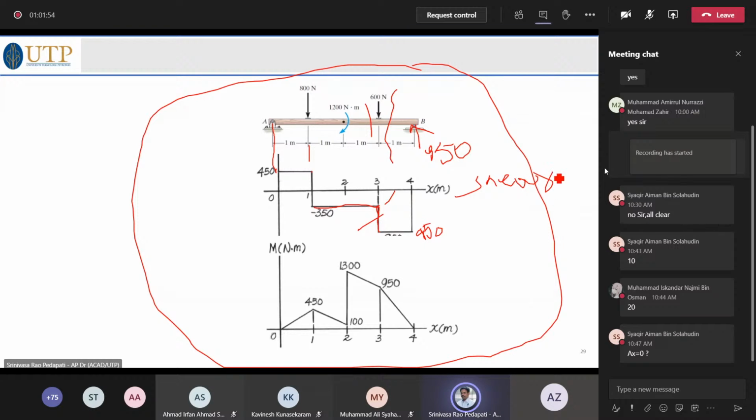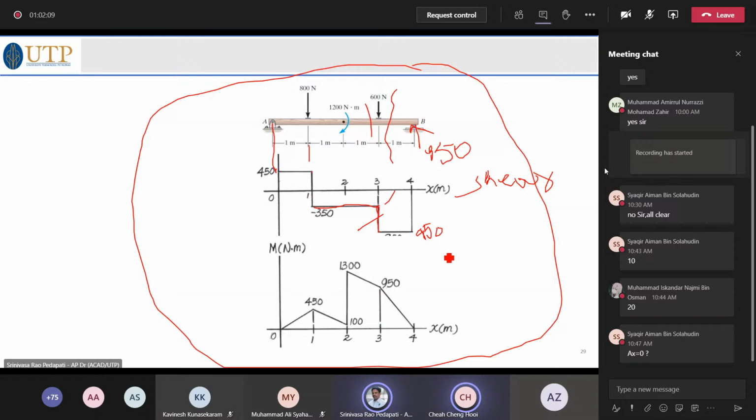Sir, because the 950 Newton is outward, right? Yes. Why is this not negative? Because the diagram is downward.